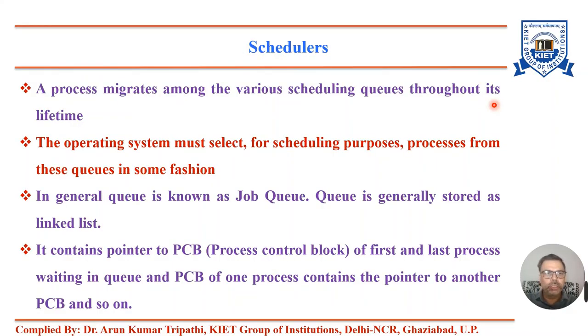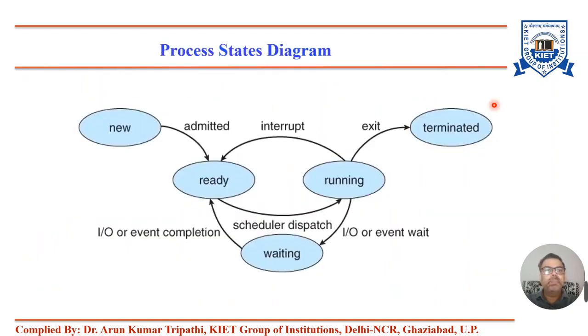Now, coming to the schedulers. During the life cycle of a process, there are three types of scheduler: long-term scheduler, short-term scheduler, and medium-term scheduler. When a process is brought from the job pool to the ready queue, this is the responsibility of the long-term scheduler.